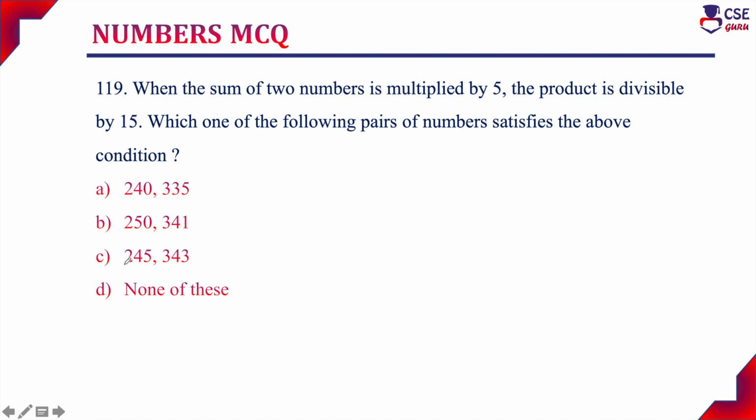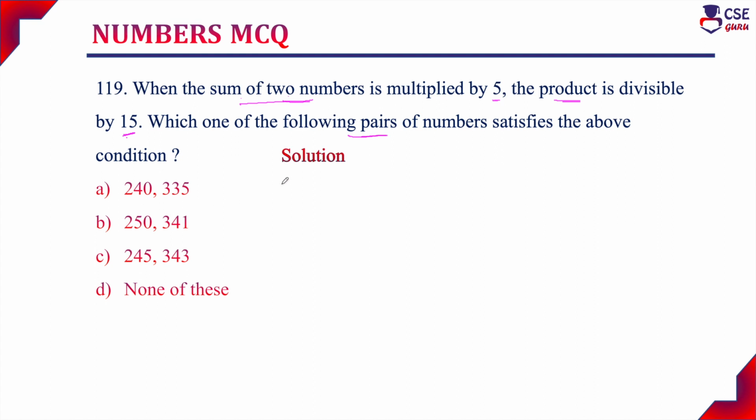Next, problem number 119. When the sum of two numbers is multiplied by 5, the product is divisible by 15. Okay. Any two numbers, we have to take their sum, and that should be multiplied by 5, and that product should be divisible by 15. Which one of the following pair of numbers satisfies the above condition?